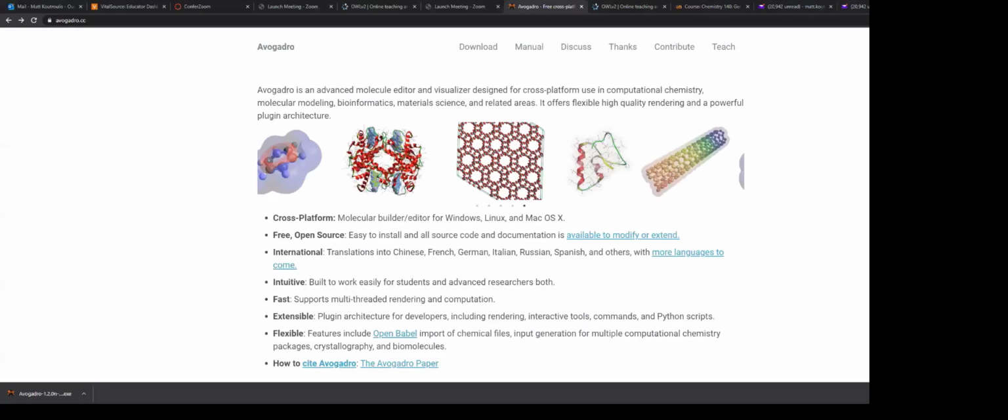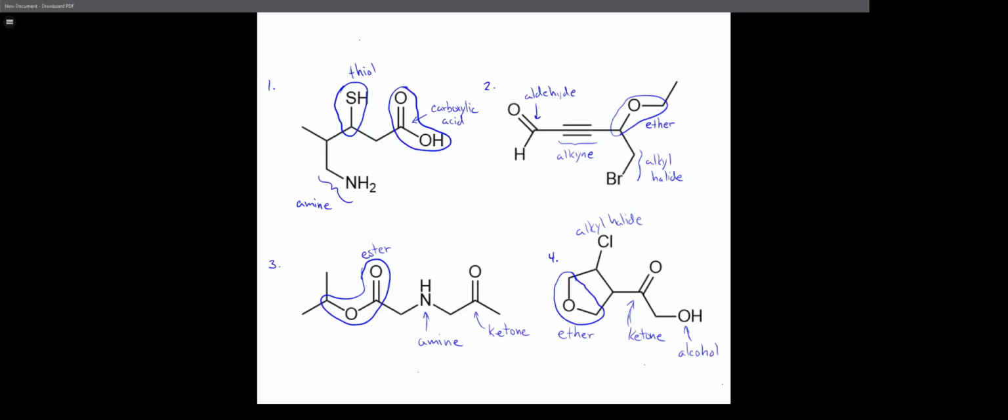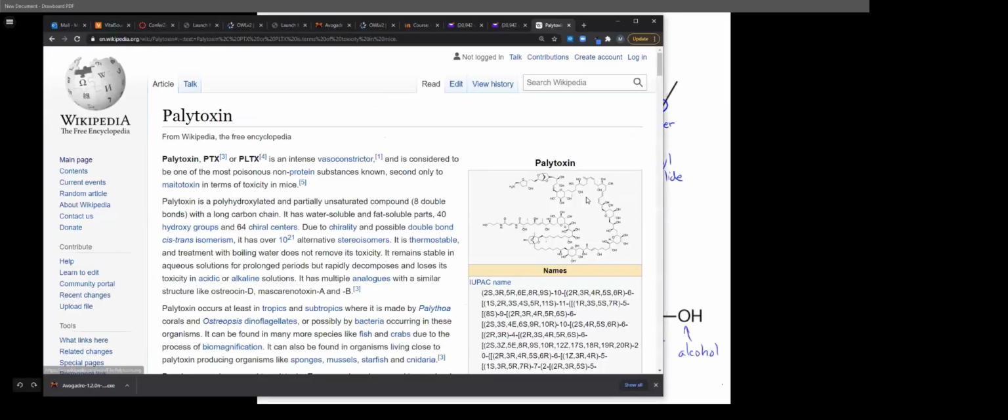Okay. The compounds can get much more complicated than this. For example, let's consider polytoxin.